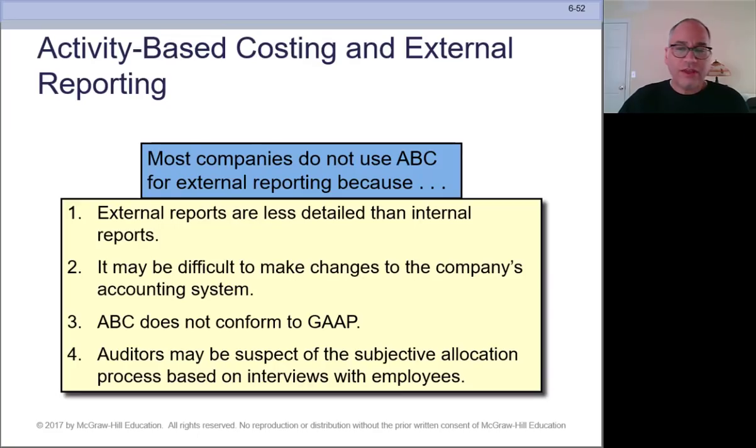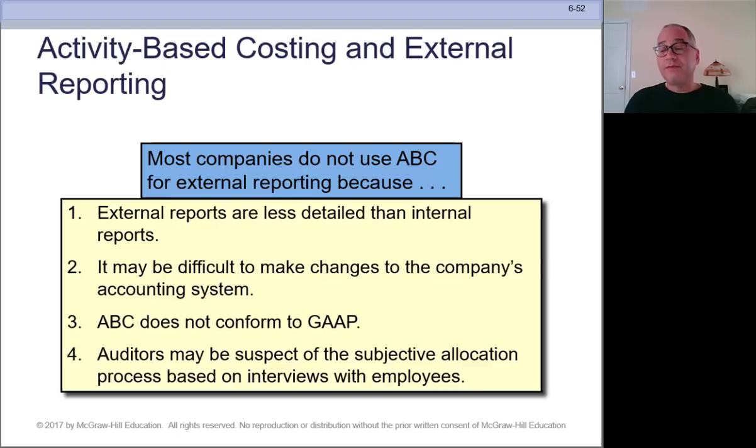Now, the whole thing here is that many companies don't use activity-based costing. It's expensive and it's a lot of work. It's not GAAP also, and auditors are not comfortable with some of the subjectivity that's generally involved in activity-based costing. So the uses of activity-based costing are very limited.